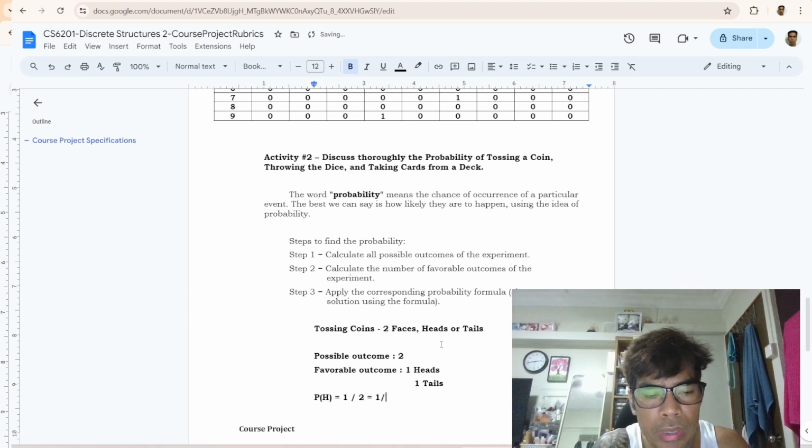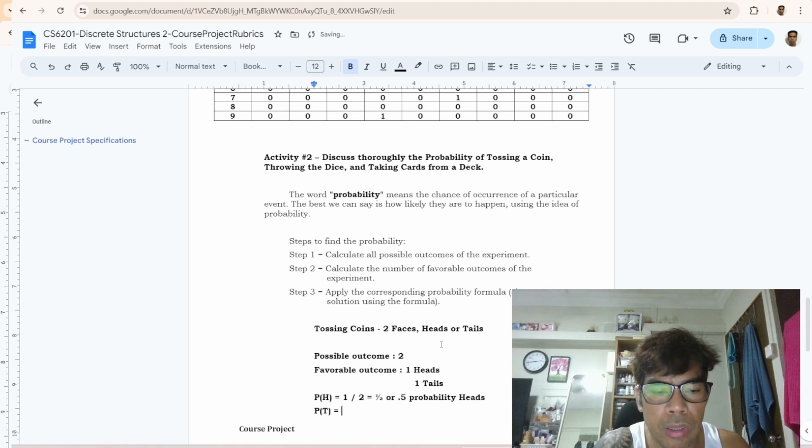Therefore, we have 0.5 probability, or one half, of getting heads. Same with the tails: 1 favorable outcome out of 2 possible outcomes, or 0.5 probability of getting tails.